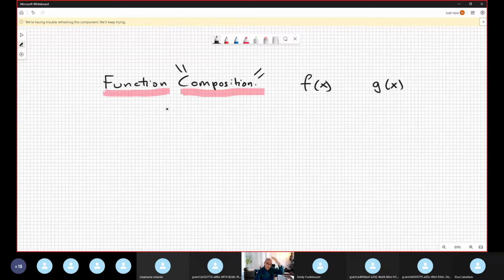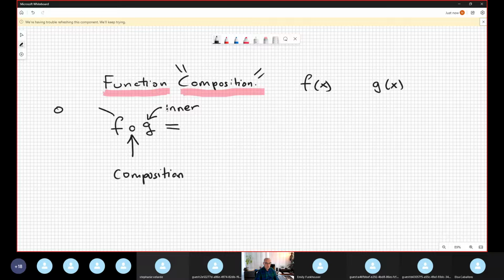And what is that? Well, the symbol is f∘g. This circle indicates composition. And what is the idea behind composition? Well, we have two functions. This is the first one, the innermost, and this is the outer.